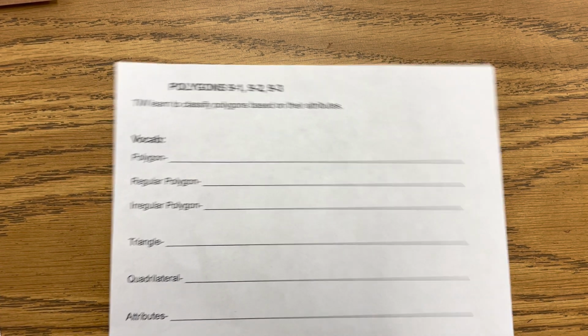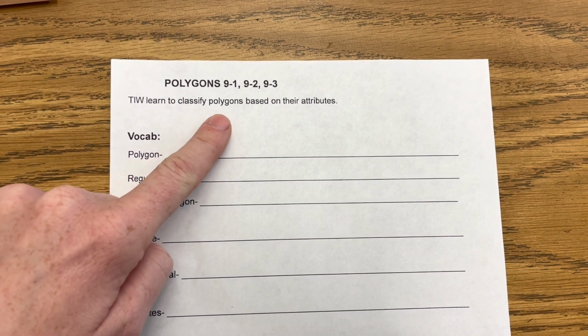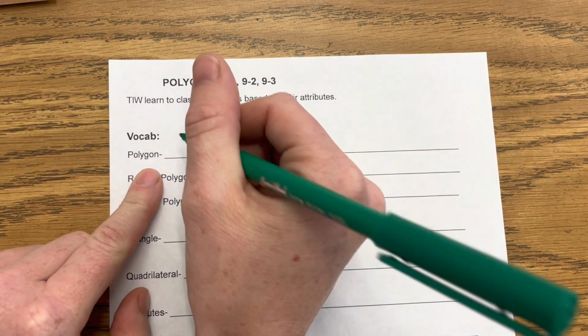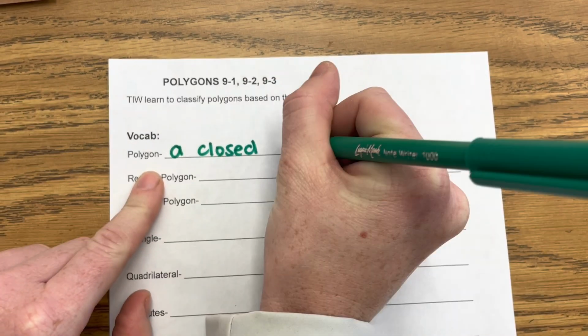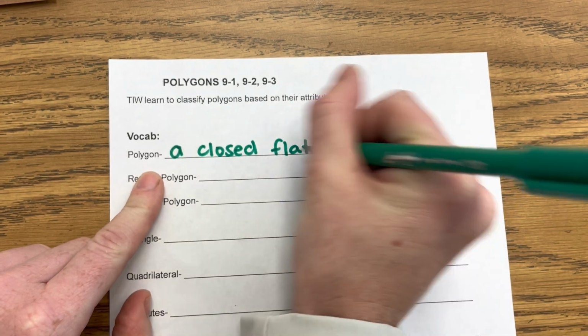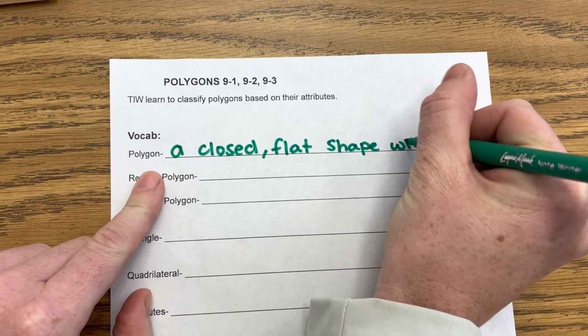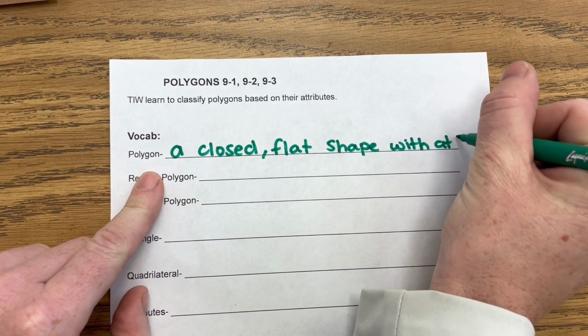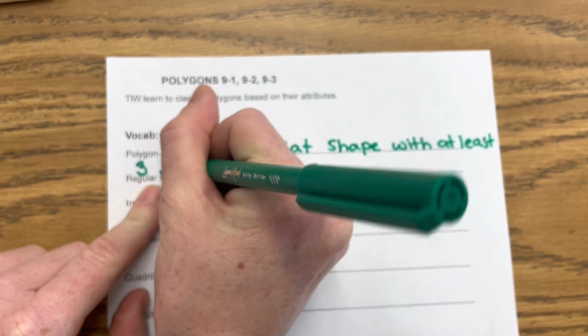So you might be wondering, what is a polygon? What is an attribute? So a polygon is a closed, flat shape with at least 3 sides.